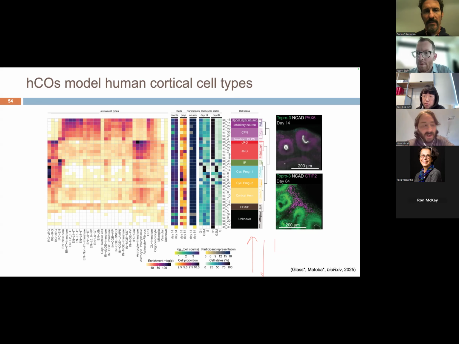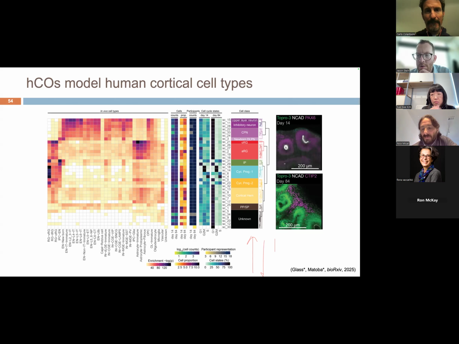Okay. We saw that is imbalance in these cells in multiple ASD organoids. Actually, it was a collaboration with Flora Vaccarino, where we use their data set.